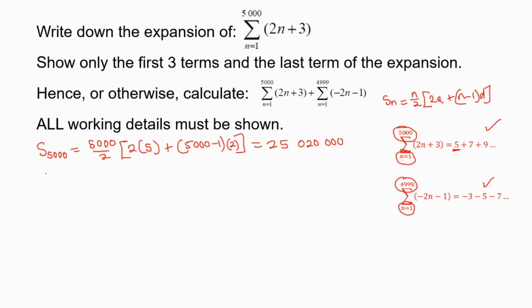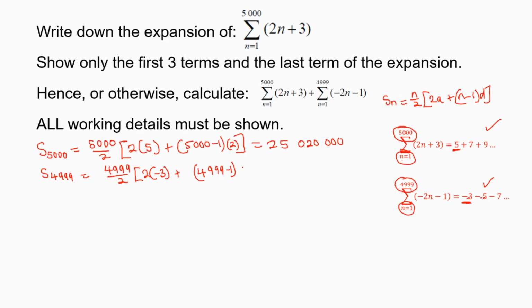Right, let's do this one. Sum of how many terms? Sum of 4,999 terms, which is going to be 4,999 divided by 2, and then 2 times our first term, negative 3. Put it inside the bracket, then plus 4,999 minus 1. Then what is the difference? Be careful here. Negative 5 minus negative 3, which is negative 5 plus 3.